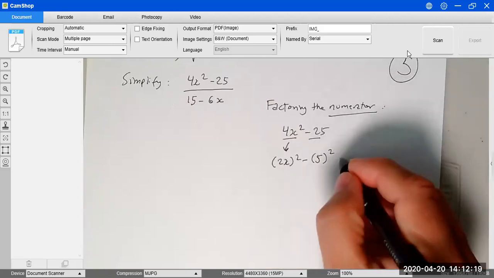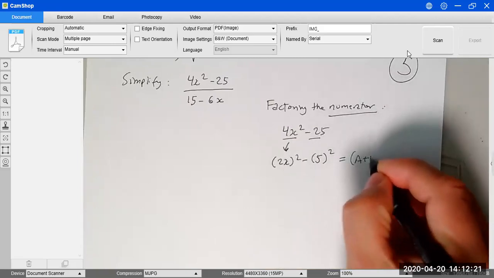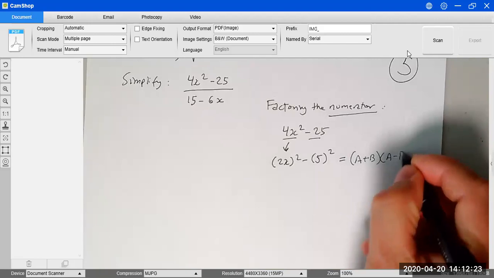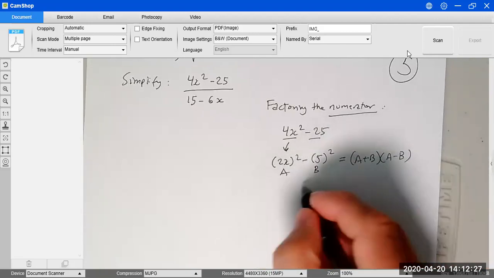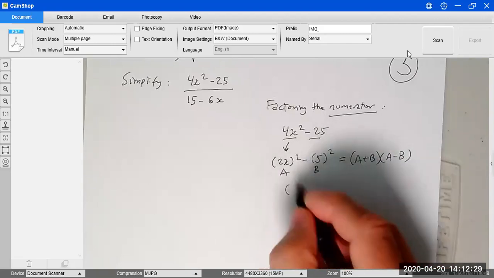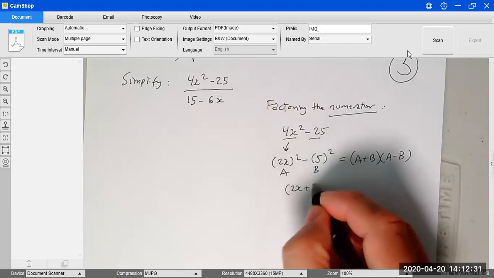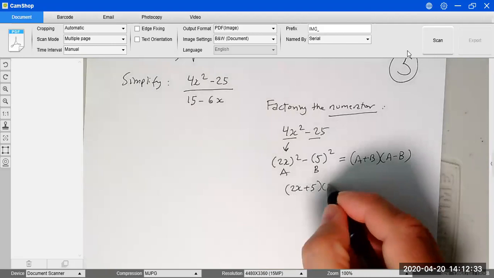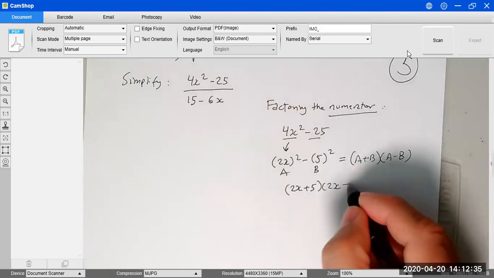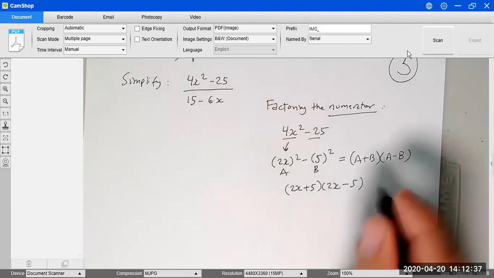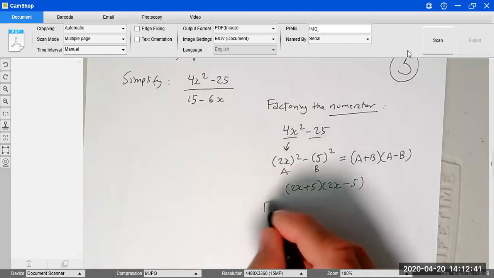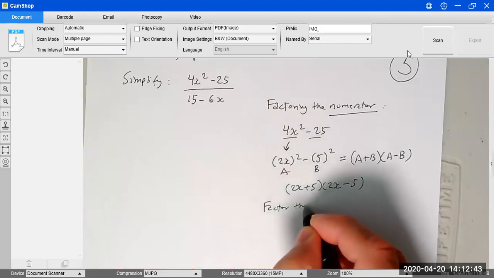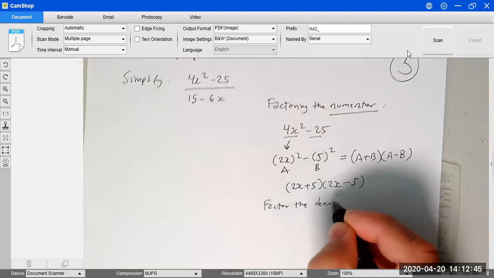So this is going to be a plus b times a minus b, where this is a and this is b. So the numerator is just 2x plus 5 times 2x minus 5. So that's the numerator. Now let's factor the denominator.